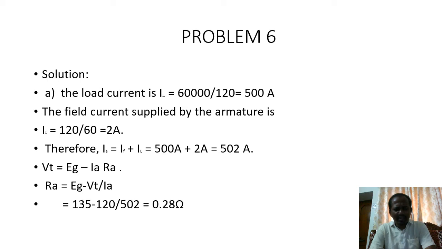So Ra is equal to (Eg minus Vt) by Ia, which is 0.28 ohm. So all of you listen carefully to this problem, because it is the most important one in the examination, and clearly you can understand this problem.